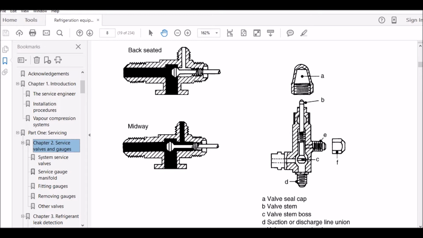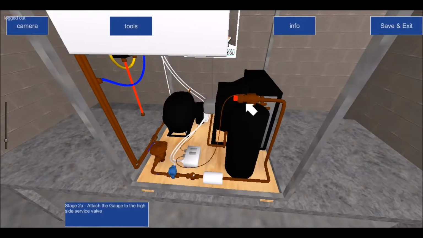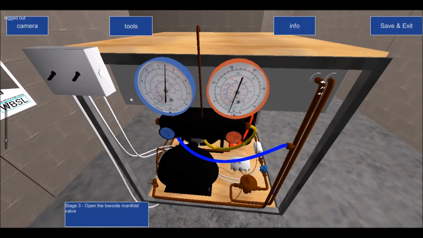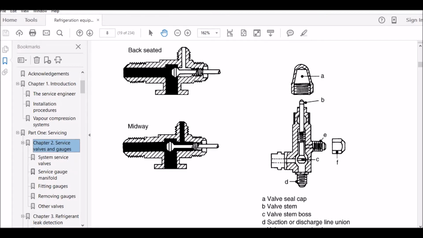So that basically means that once I go and I fit my red gauge here, after I've taken off the cap, when we go around here, you will see there's no pressure registering here on my gauge manifold, and that's because I have this valve in the fully back-seated position. In other words, the refrigerant is only coming from my receiver and entering into my liquid line, and it is not exposed to my service port.